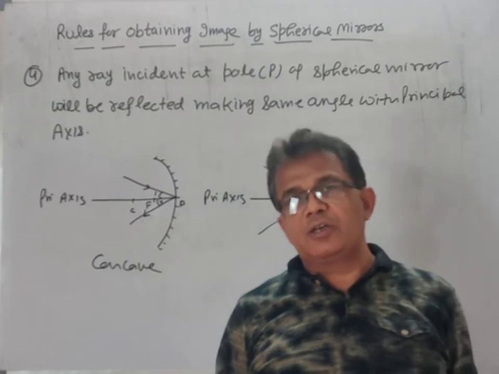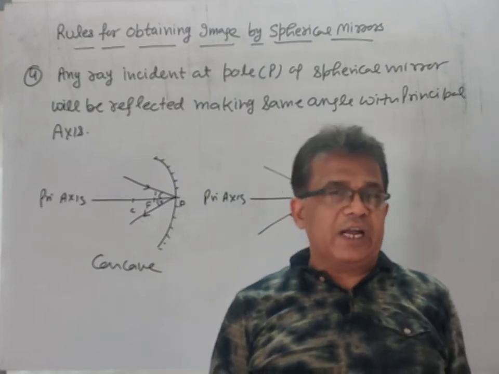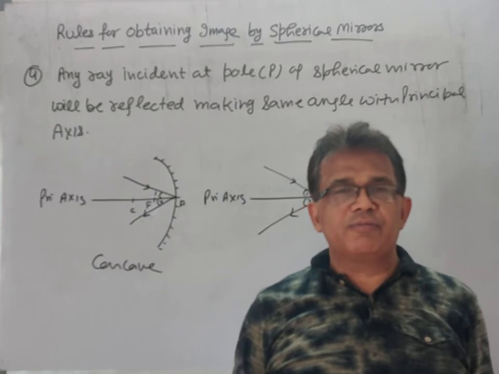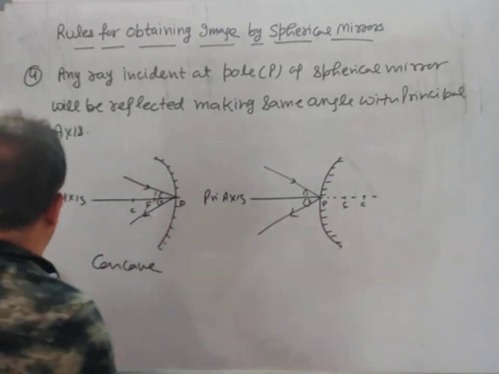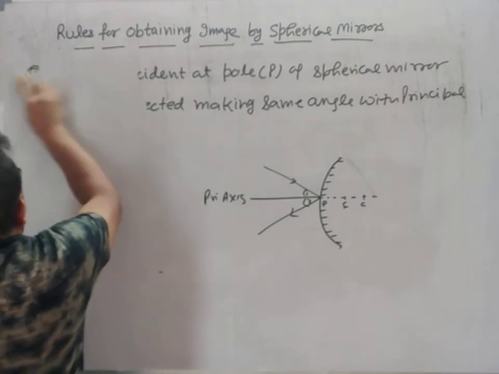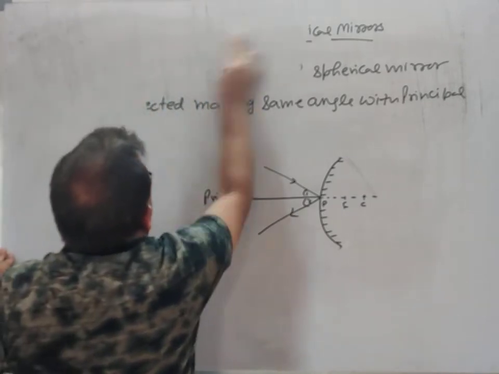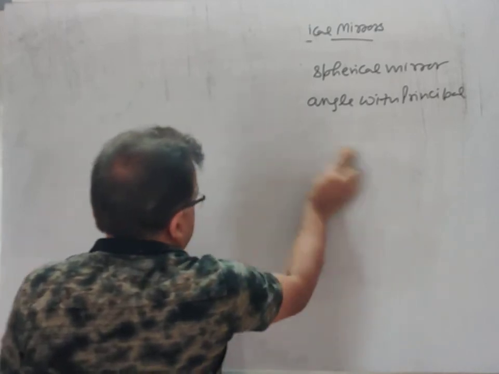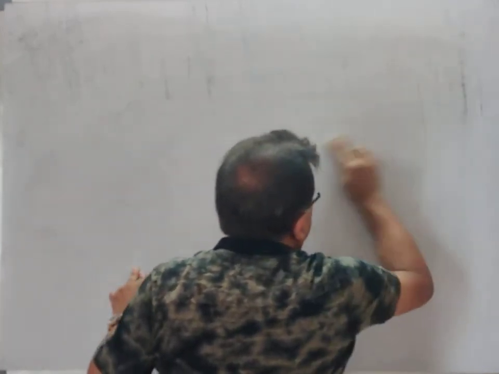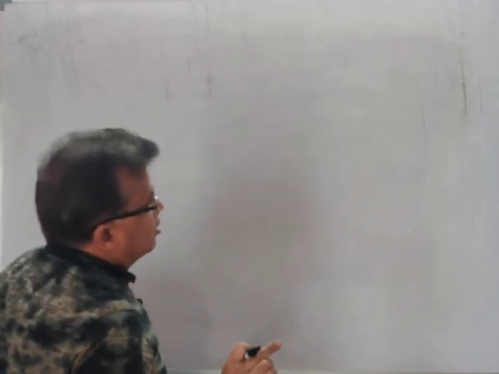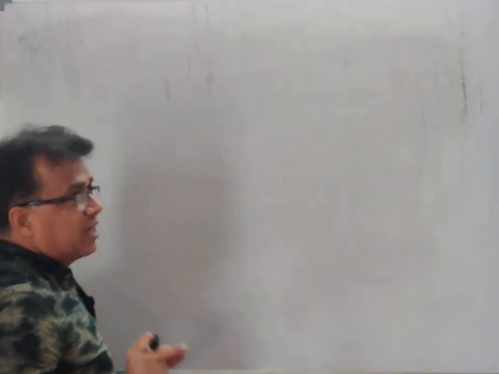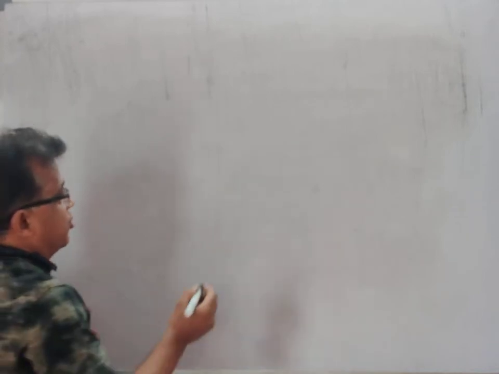Now we shall study how image is formed, at first by concave mirror. At first, we shall remember that in concave mirrors, object can be placed at 6 different positions.